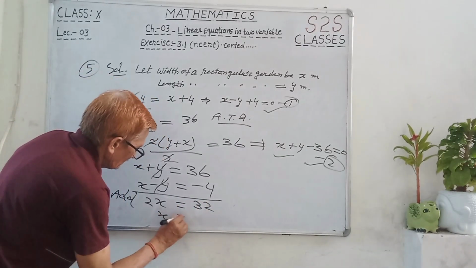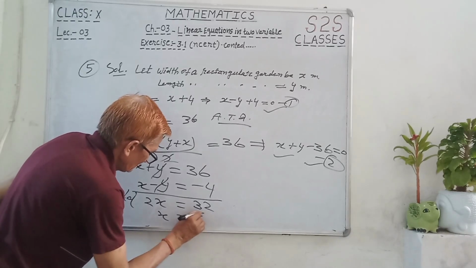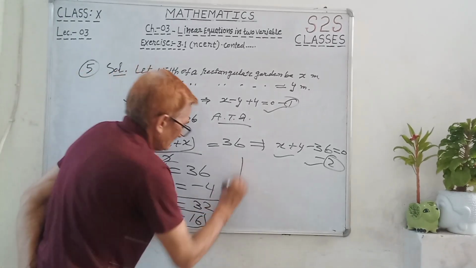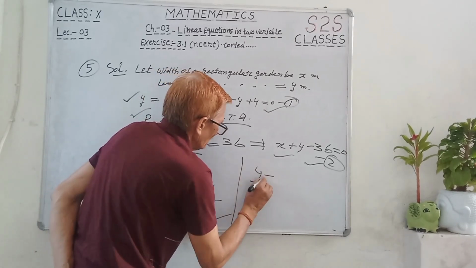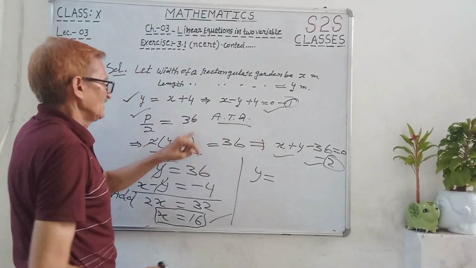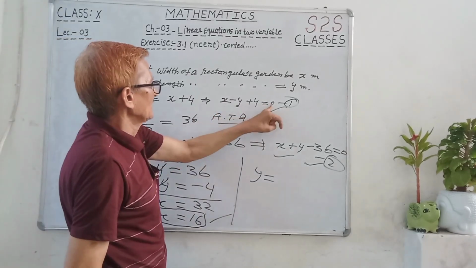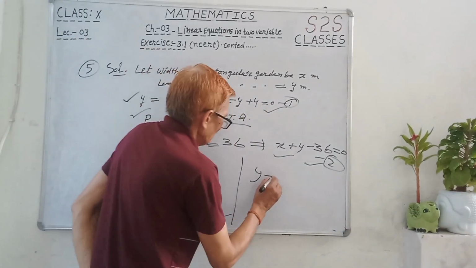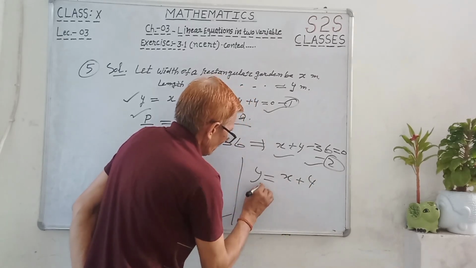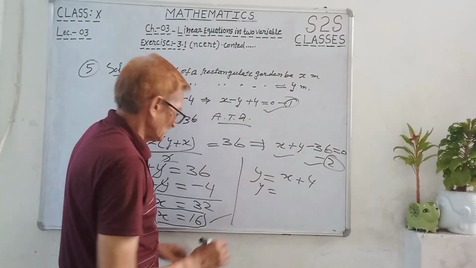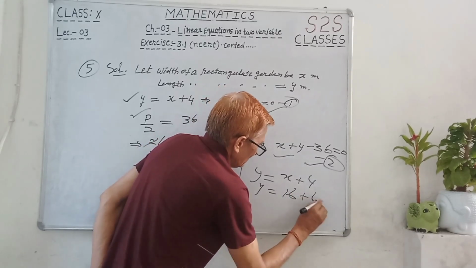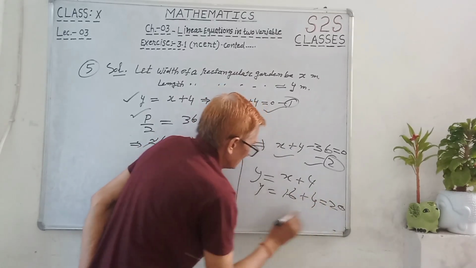So x is equal to 32 divided by 2, which is 16. The width is 16. Then y, we can put in the first or the second equation, anywhere. So y is equal to x plus 4, then y is equal to 16 plus 4, that is 20 meter.